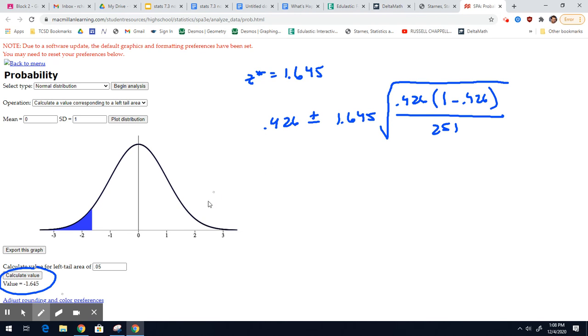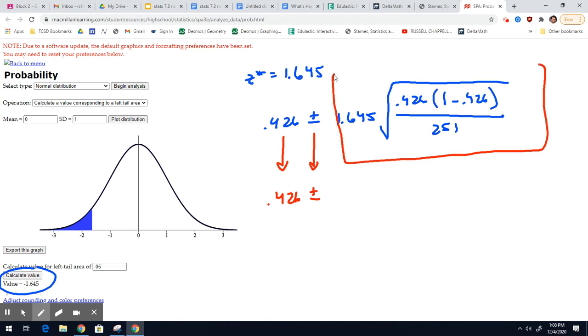Now, here is how I teach it. So please pay very close attention. I leave this and this alone, 0.426 plus or minus, and I'm going to type this into the graphing calculator as it looks. I would suggest using the Desmos graphing calculator because it does a great job of letting you type it in just like that.